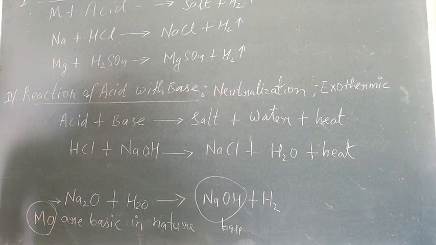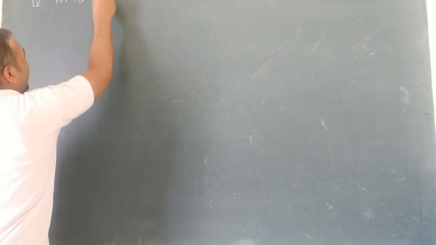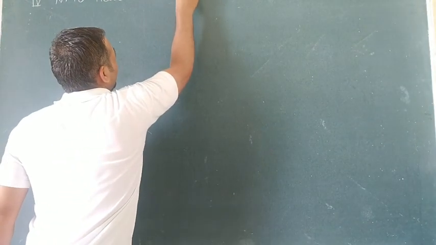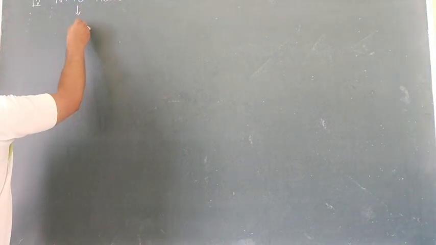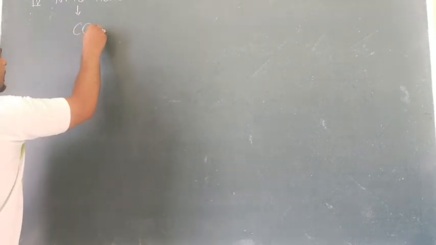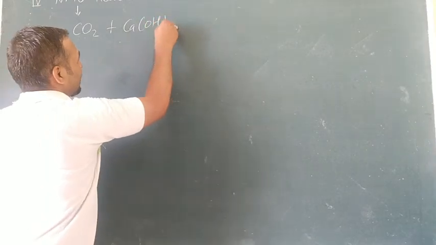Now moving ahead to the next reaction. What will happen when non-metallic oxide reacts with base? Suppose you have carbon dioxide dissolved in calcium hydroxide.